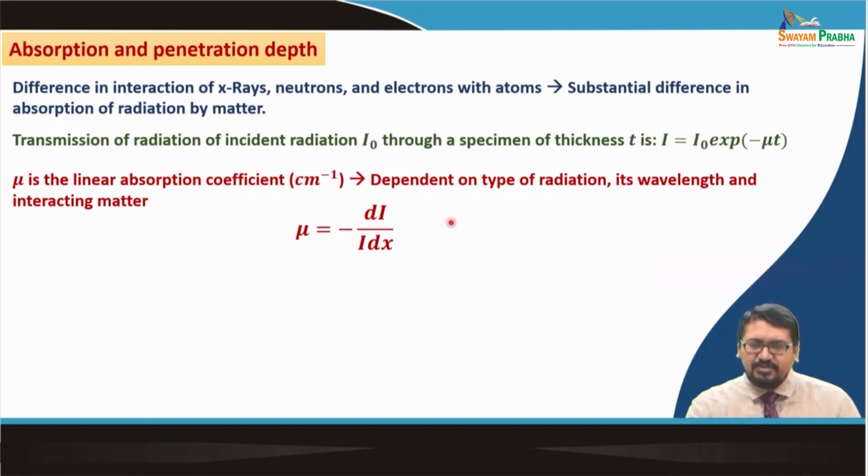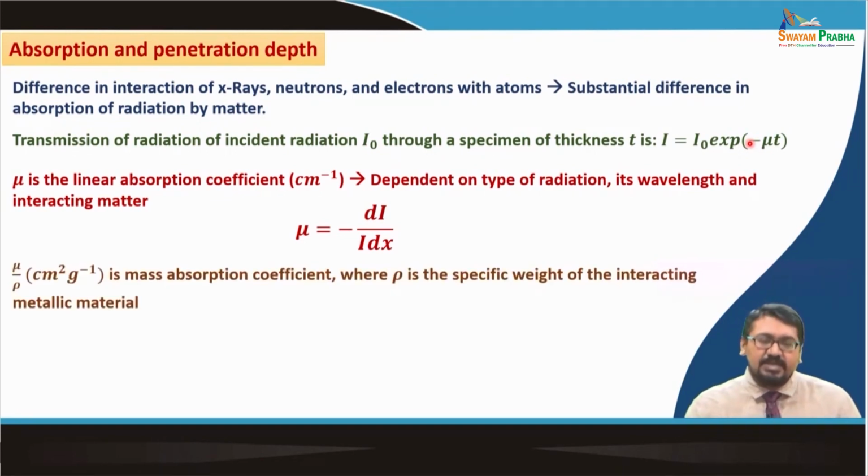It can be given by mu equal to minus of delta I by delta x and by the intensity I. So, this is just a different form of showing the same equation, where we can find out the linear absorption coefficient.